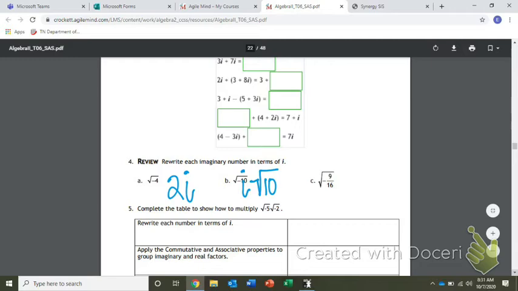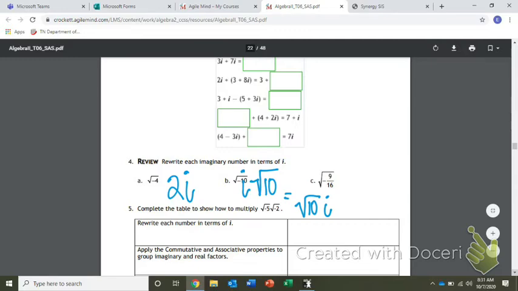An i. So you can put the i in the front, or you can put the i on the right. I always put it on the left. That way I know it's not under that square root. Either one is fine, though. You only do that if you cannot simplify the square root. Okay?